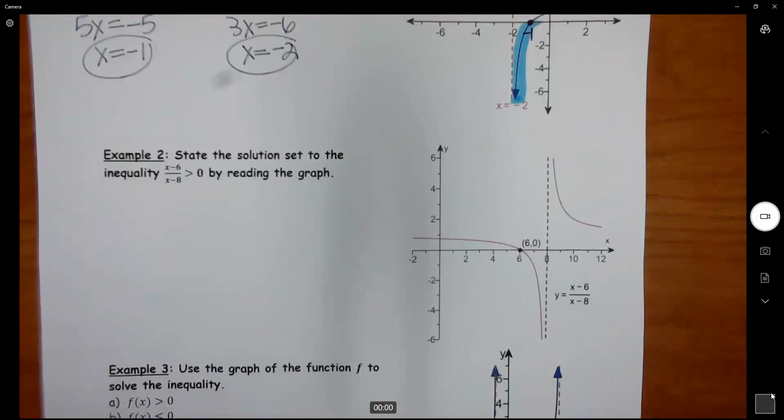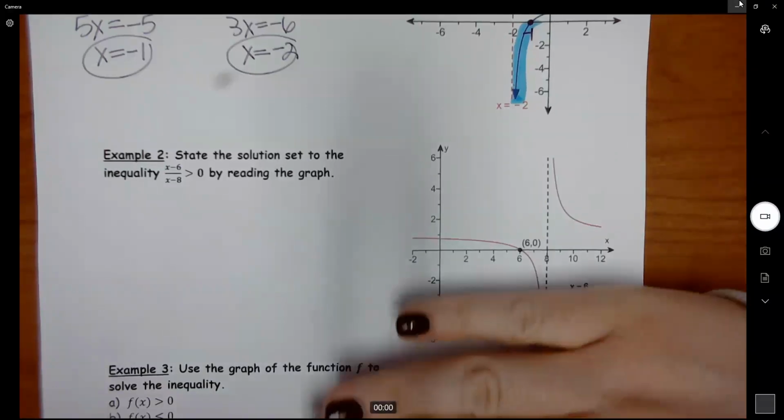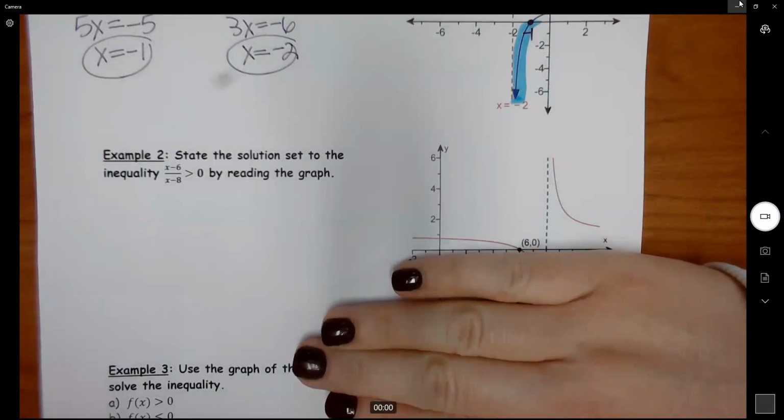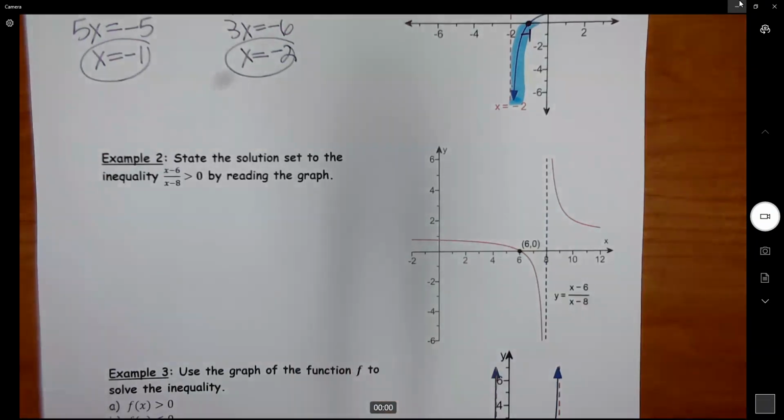Okay, number 2. State the solution set of the inequality x minus 6 over x minus 8 is greater than 0 by reading the graph. So because we're greater than 0, that means everything here above my x-axis. They all have y values that are greater than 0.